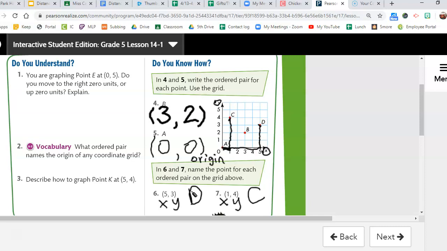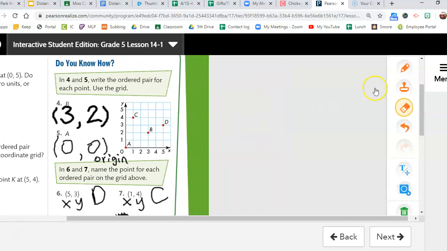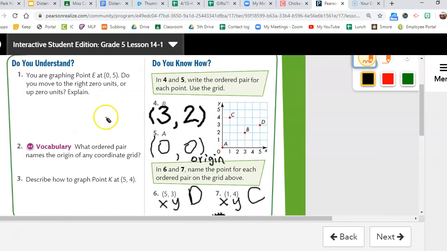Okay, let's go back. It says you are graphing point E at 0, 5. Do you move to the right 0 units or up 0 units? Explain. Okay, so I'm going to go back over and I'm going to erase some of this so we can see this. It says I'm graphing at 0, 5.